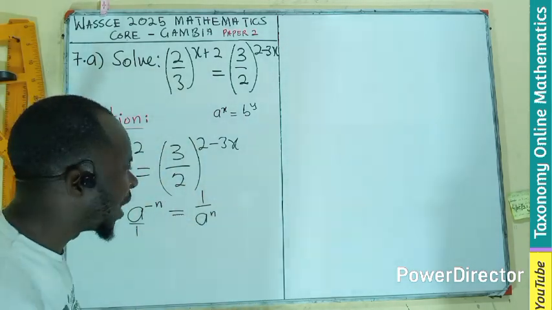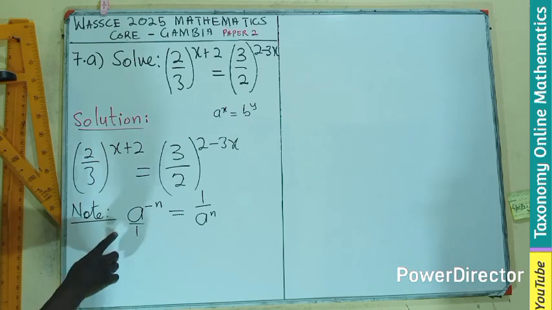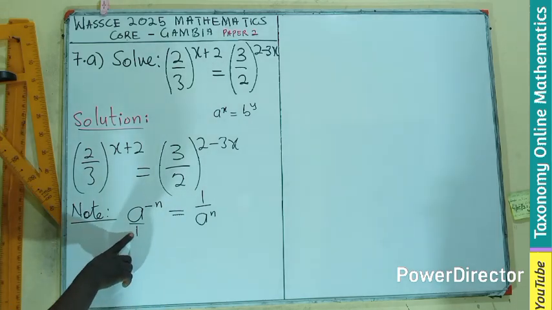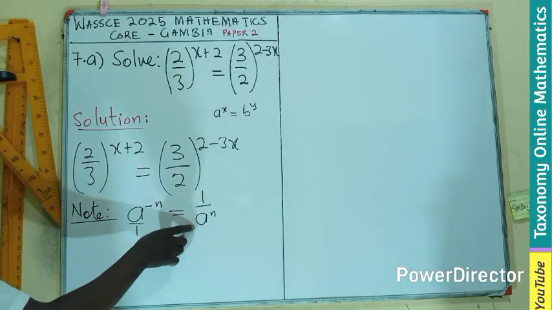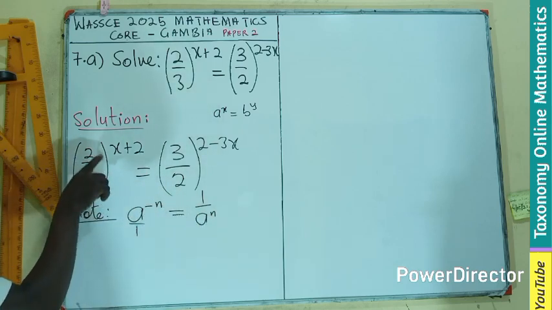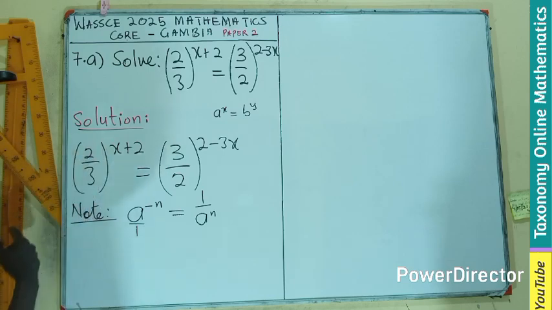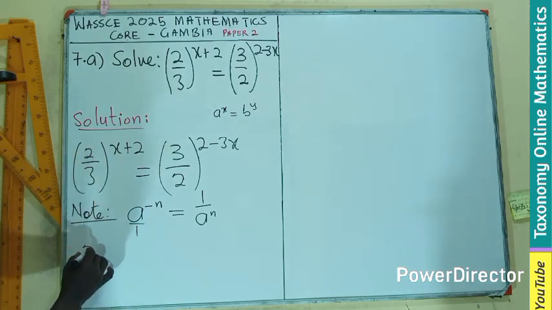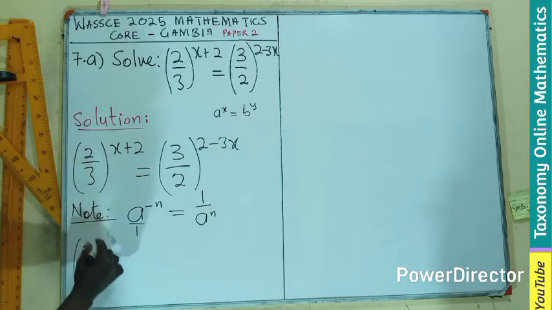If I change the positions and change the power, this going up and this coming down will make the power negative. So I'm going to have 3 divided by 2, the reciprocal of the base, raised to negative power 1.